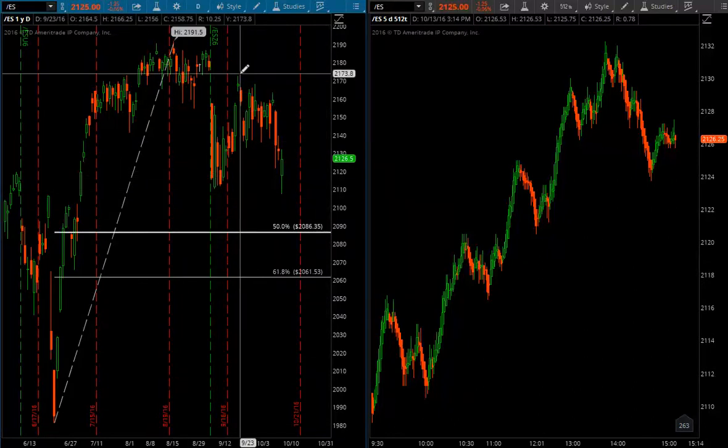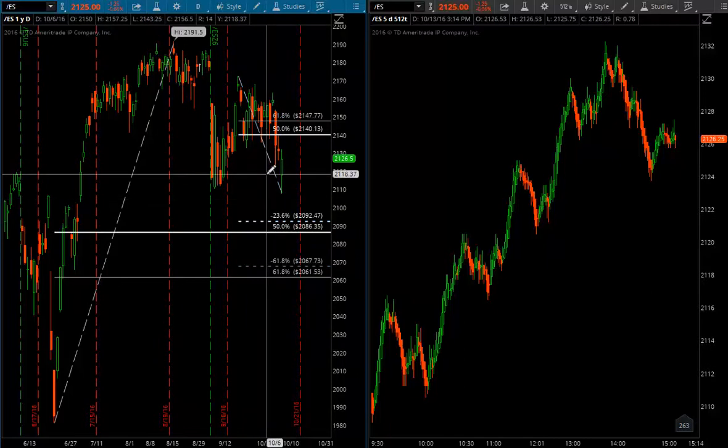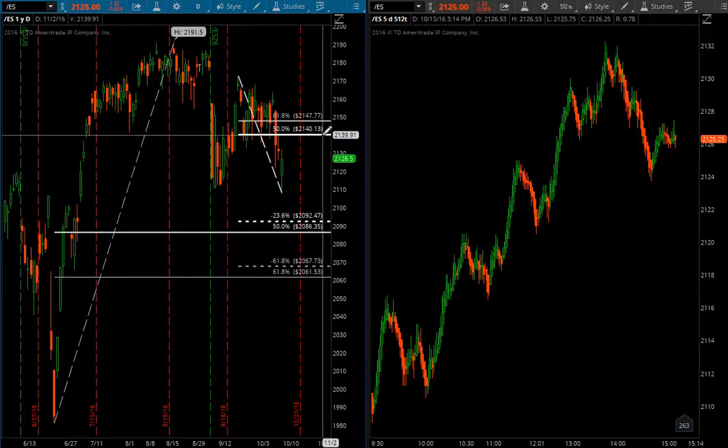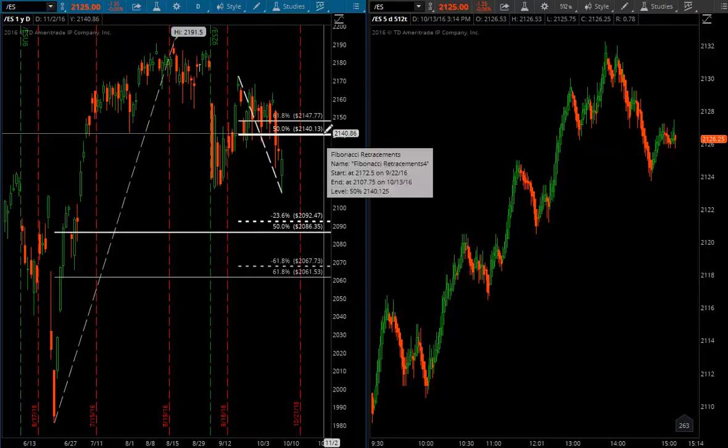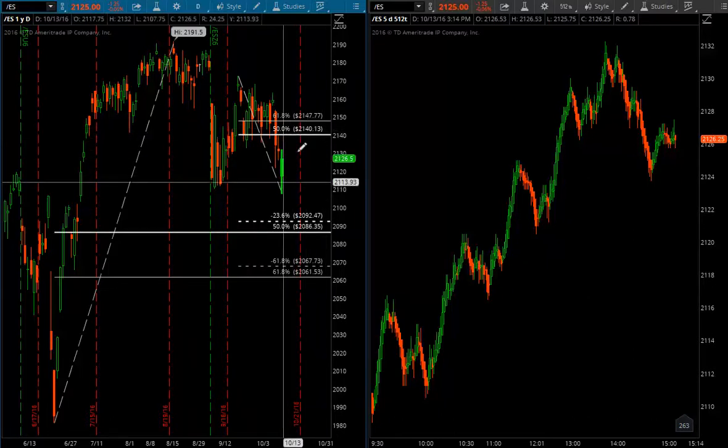I'm not going to really be looking at a 50% retracement necessarily by taking a blind limit at 2140s, but I would be interested in seeing how we move up to that level.